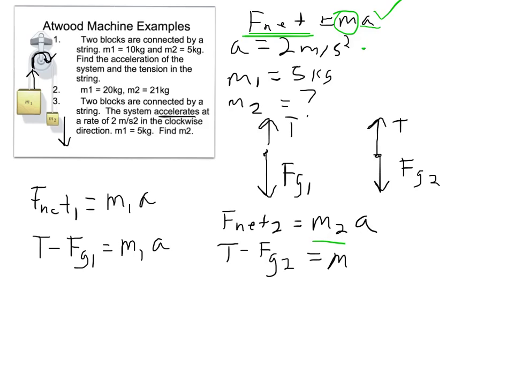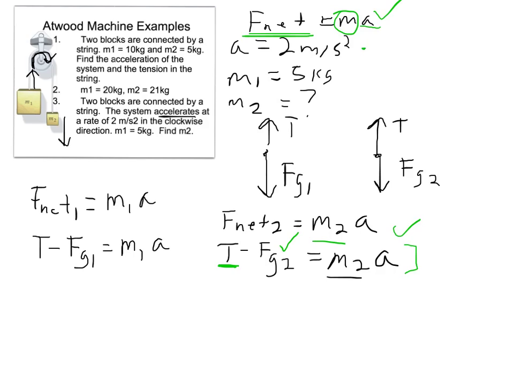Those are equal to mass 2 times acceleration. I know that I have to find mass 2. I already know the acceleration. I could find the weight of object 1. So the only thing that I don't know right now is the tension. And once I've found the tension in this equation right here, mass 2 will be the only unknown.